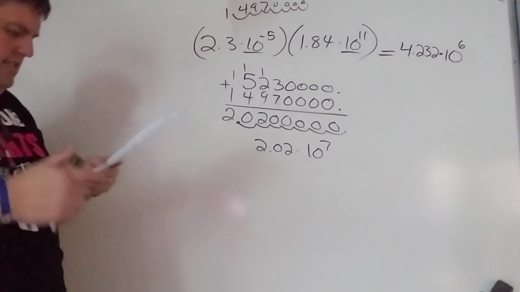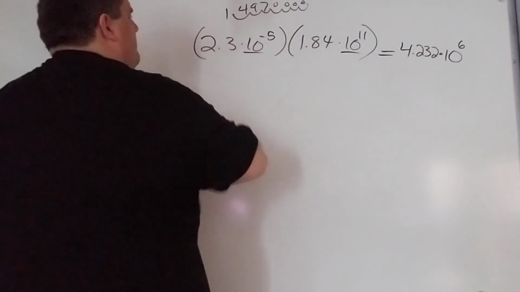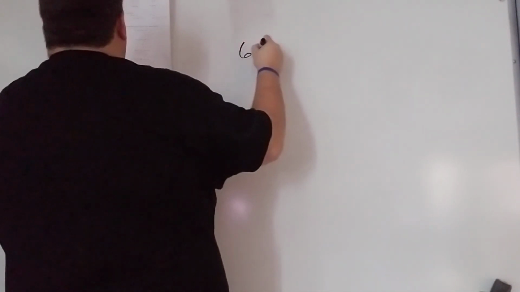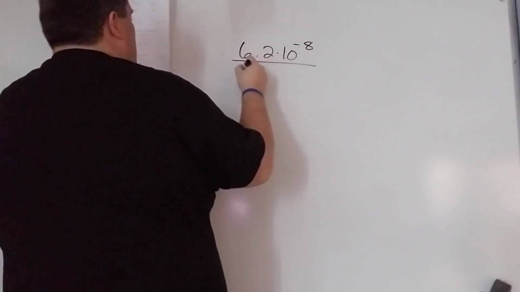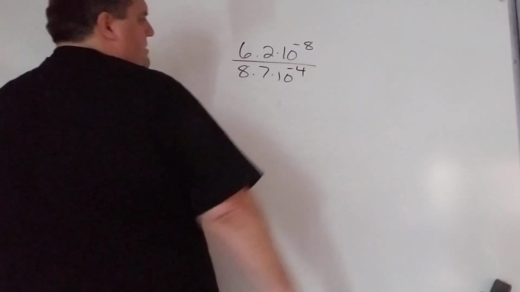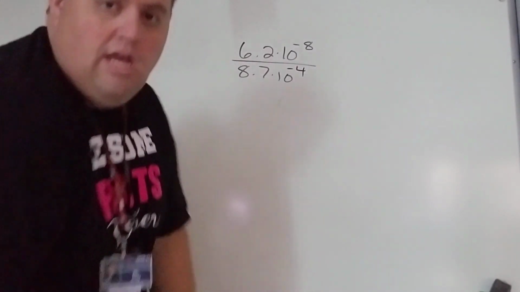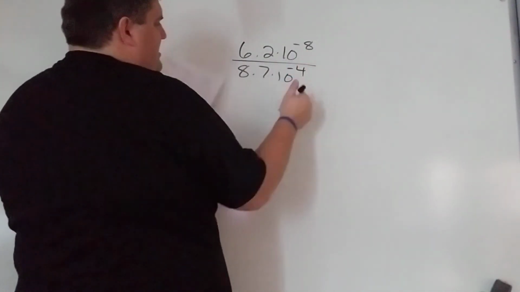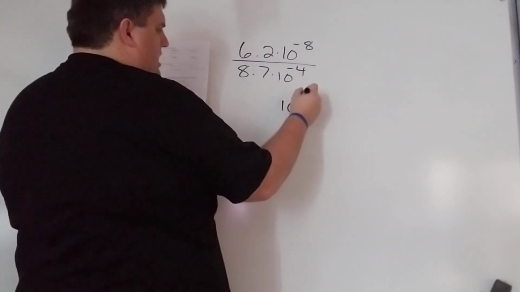All right, division, 32. So when we divide, we're going to subtract our exponents. -8 minus -4 is going to give me -4.